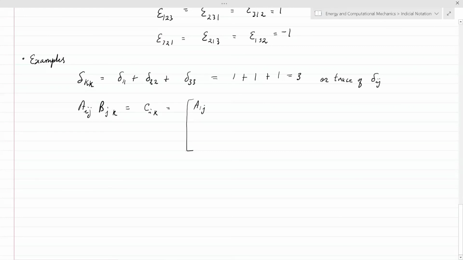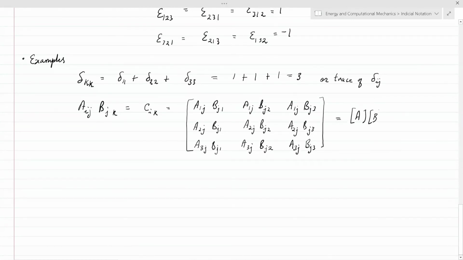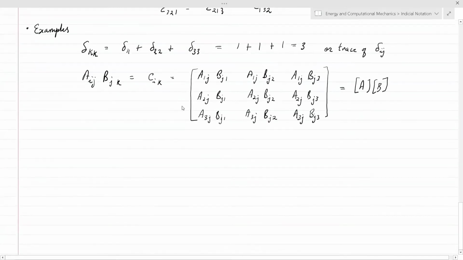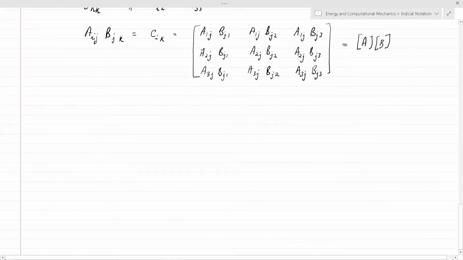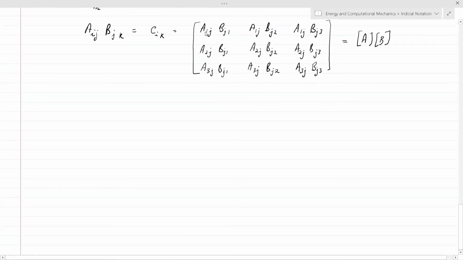As a consequence, you can see here that I have expanded it very simply, very nicely. You can see the components there, a_1j b_j1, a_1j b_j2, a_1j b_j3, and so forth. And each of these can be expanded further, right? Because j is repeated.